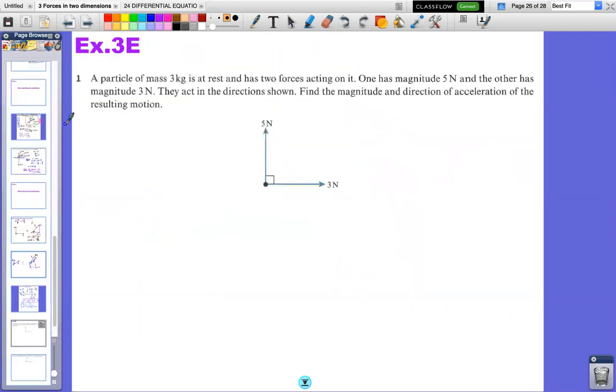Let's look at some examples. Exercise 3E. I know some of you are solving these problems very fast and going ahead. Like Floria. Have you solved exercise 3E, Floria? Is Floria there? Floria is in class, but is not there.